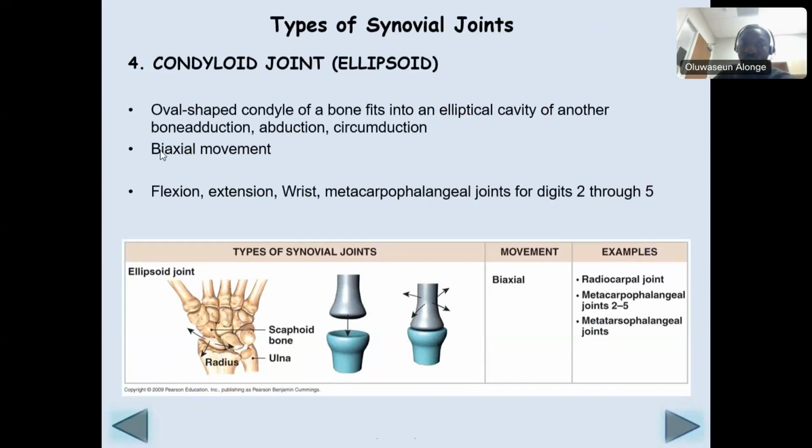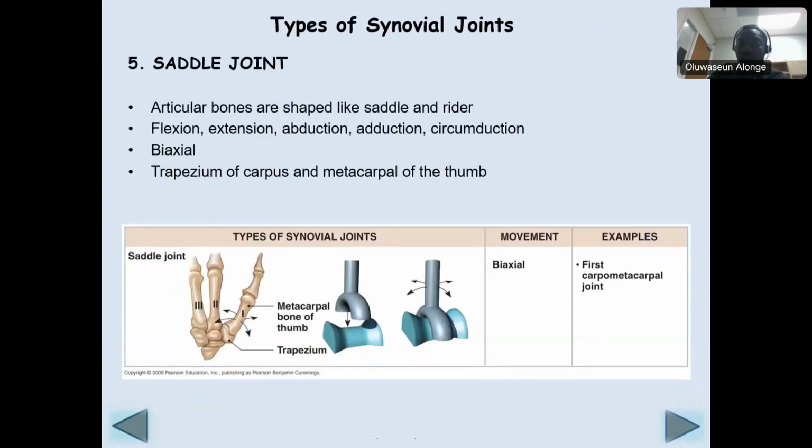They are able to circumduct. So you do circumduction at those joints. You can abduct it, you can adduct it. Again, you can adduct it, you can abduct, you can circumduct. So it's a biaxial joint, not just one axis. Then we have the saddle joint.